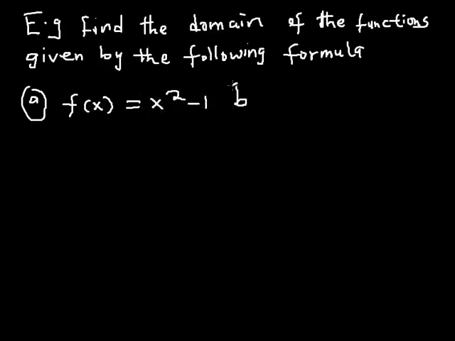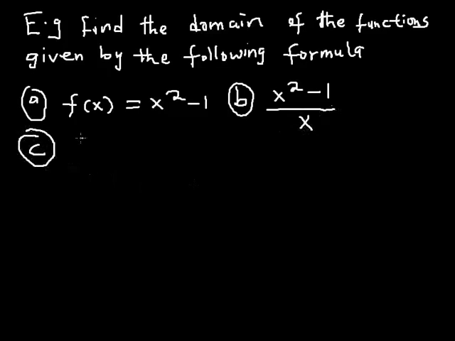B, we have x squared minus 1 all over x. Then of course C, we have x squared minus 1 all over x plus 1. Okay, so solution.